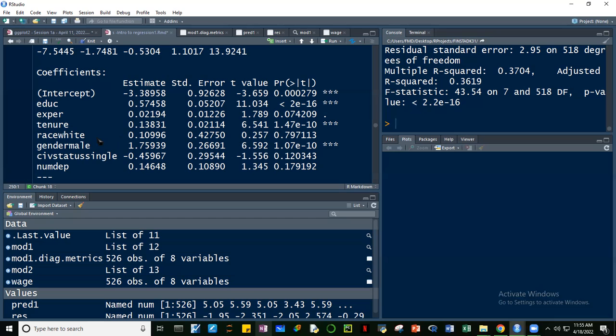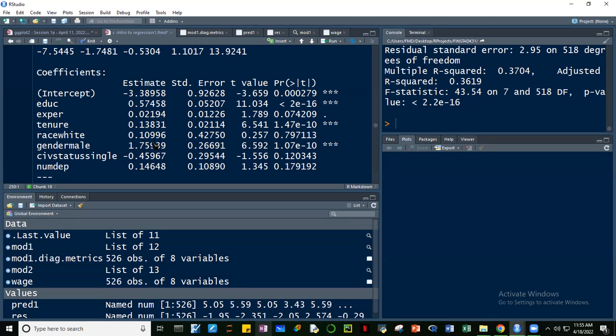So in Excel, guys, if we look at this, it will appear as race, with all white as 1 and all non-white as 0. And when you interpret this, it's always interpreted in relation to your benchmark, which is the level equal to 0. So what does this 0.10996 mean? We studied this last time.